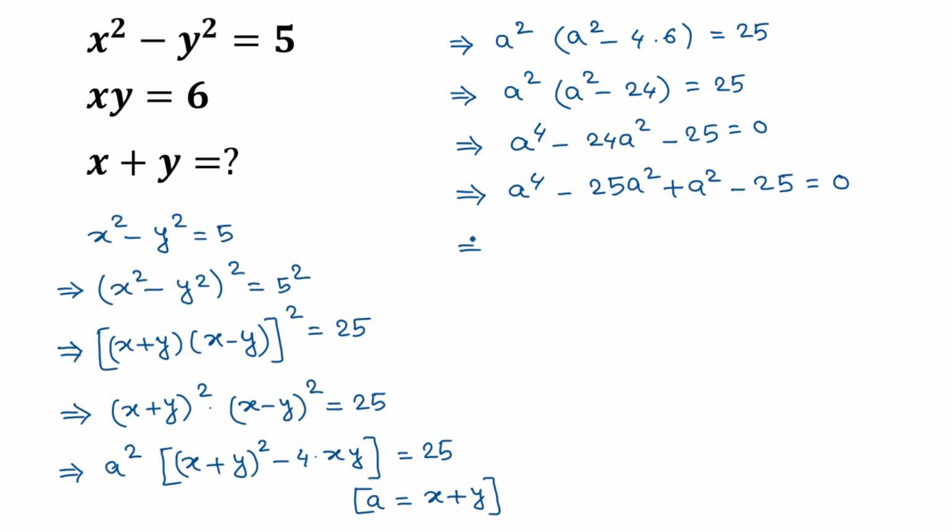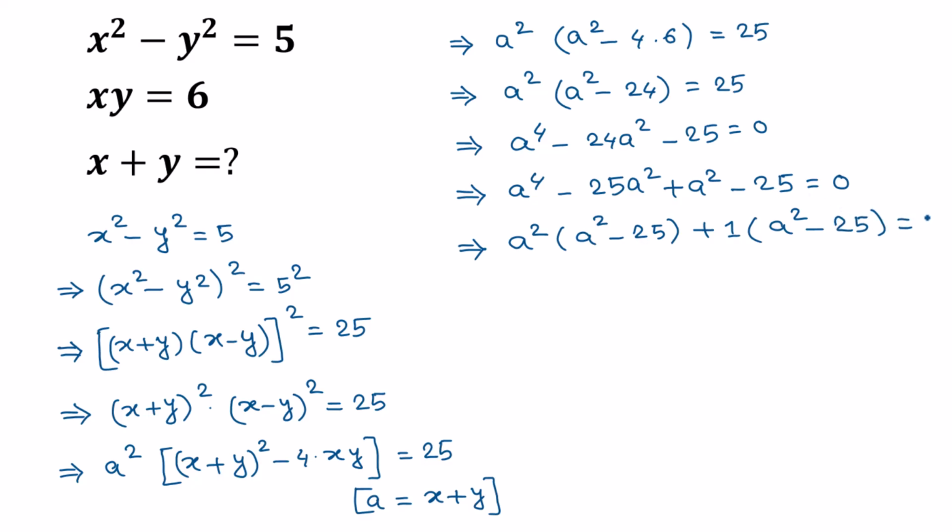Now taking common a square from these two terms, we can write a square times (a to the power 4 divided by a square remains a square, minus 25), and taking common 1 from these two terms, we will get 1 times this a square minus 25.